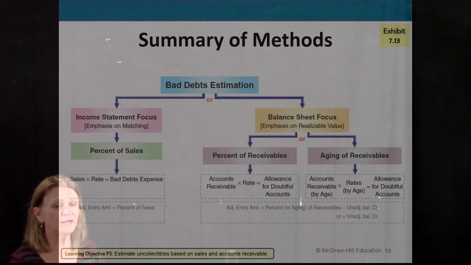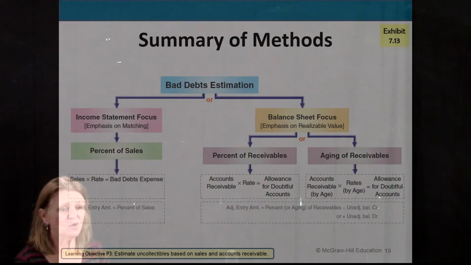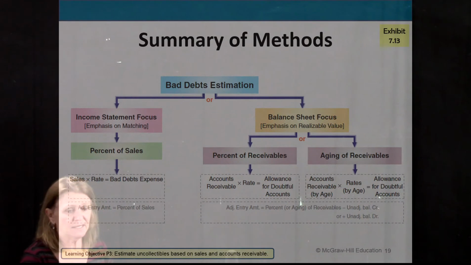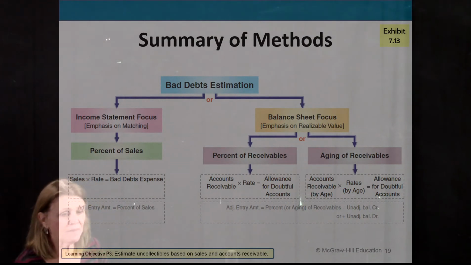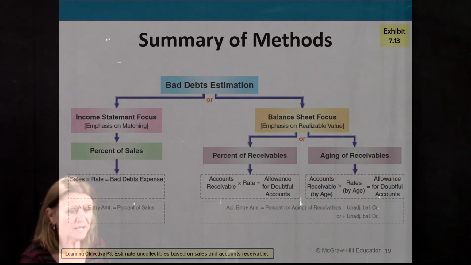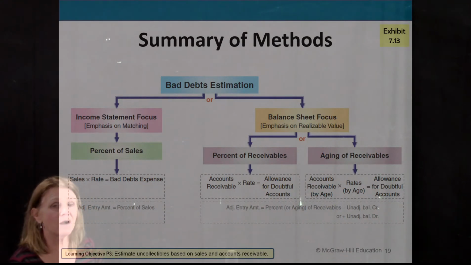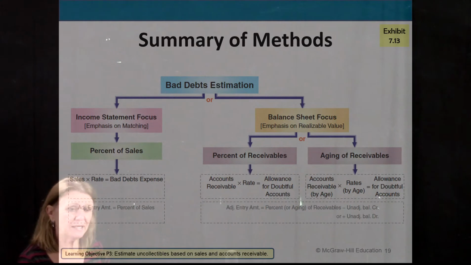So you start with your adjusting entry amount equals percent of aging, or percent of receivables, minus the unadjusted credit balance, or the unadjusted debit balance that is already in your allowance for doubtful accounts.